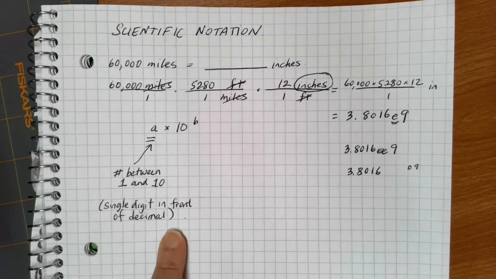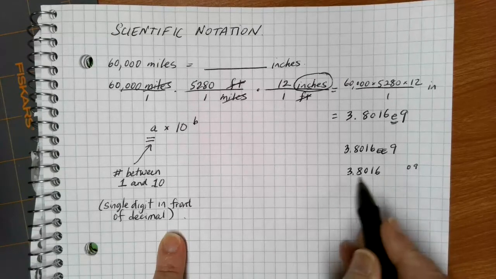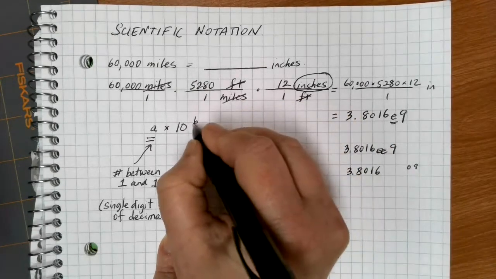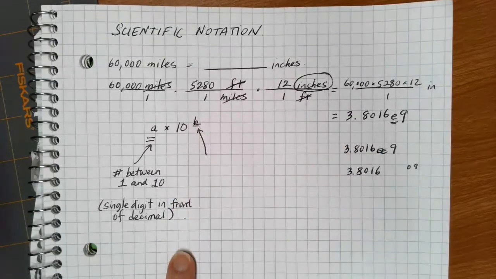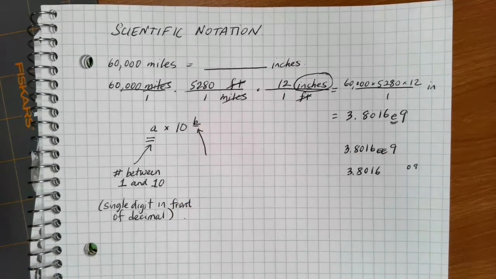Okay, so in this case, my number between 1 and 10 is going to be this 3.8016. My B value up here is an exponent, and that's going to correlate with what the power of 10 is.